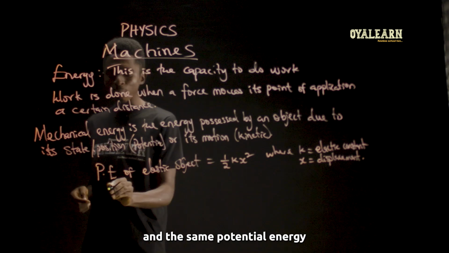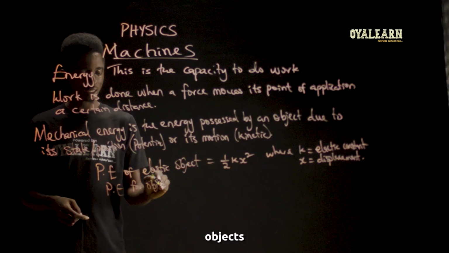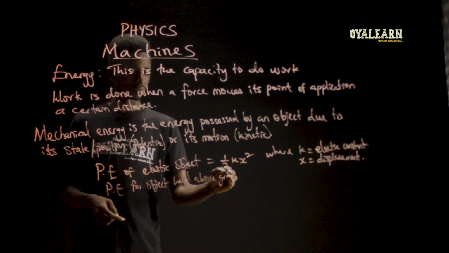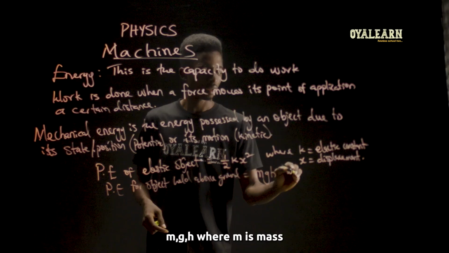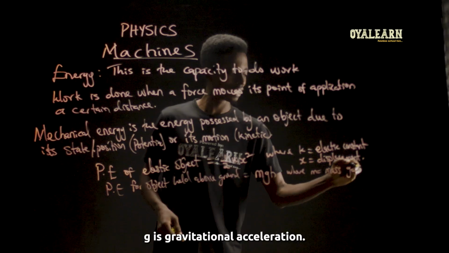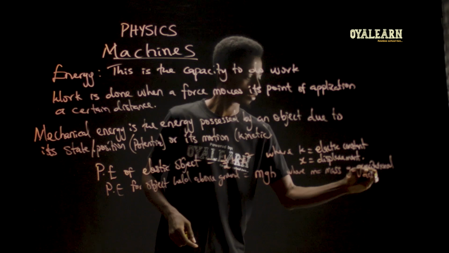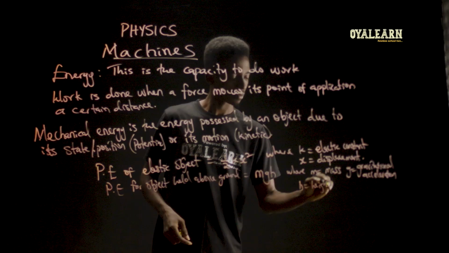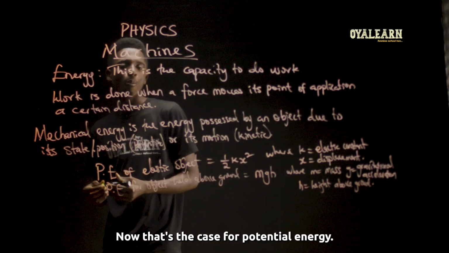And the same potential energy for objects held above ground is given as mgh, where m is mass, g is gravitational acceleration, and h is height above ground.